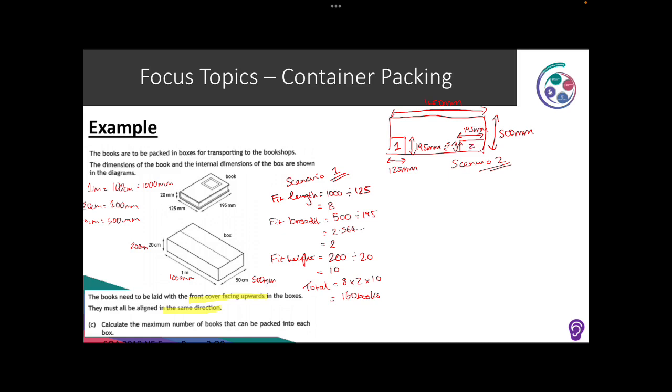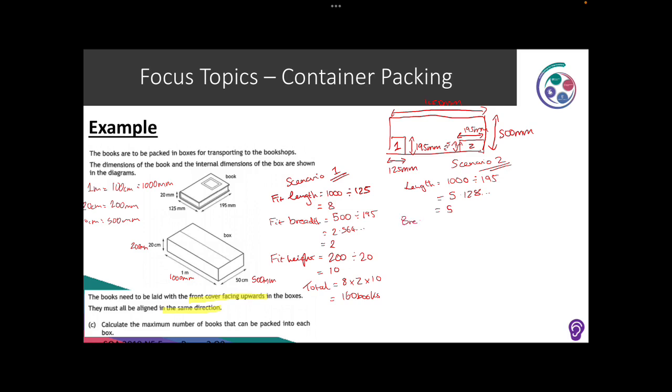So this time, my fit lengthwise, I'm going to work out by doing 1,000 divided by the length of the book, 195 this time. So 1,000 divided by 195 gives me 5.128. So 5 books lengthwise when they're turned on their sides.